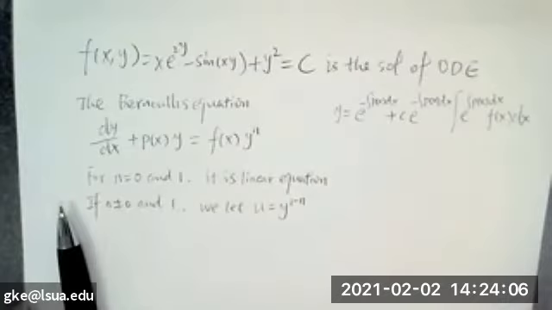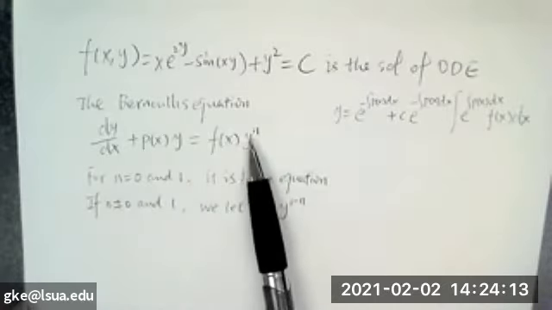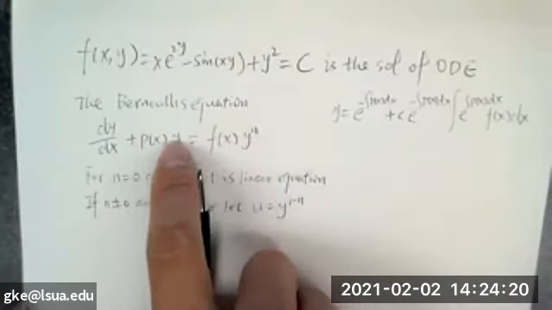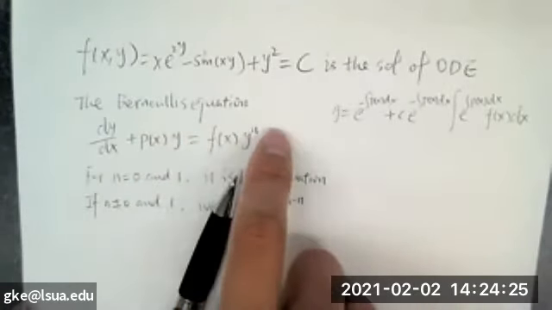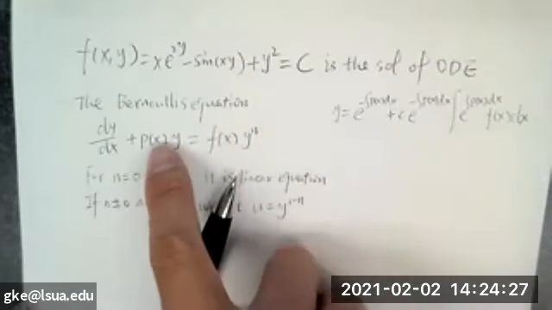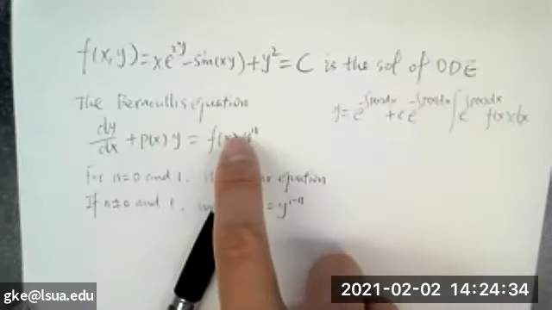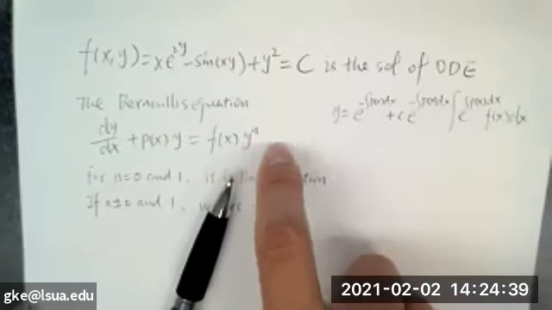That's what we learned. And of course, when n equals 1, okay? When n equals 1, that means f(x) times y, right? Now you can combine p(x) and f(x). We combine these two terms, it's going to be p(x) minus f(x). So now the p(x) is what? It's p(x) minus f(x), okay? And what is f(x)? It's going to be 0, right?